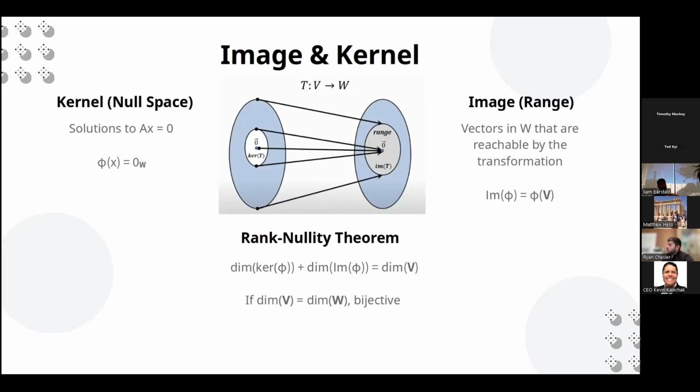Whereas if the dimension of the image is greater, then it's more surjective, because more of the output space is being taken up, right? So you can reach more of W. There's that kind of inverse relationship there.